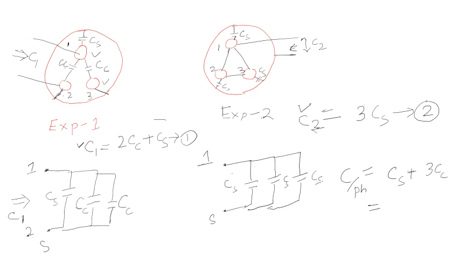If you put the value in terms of C1 and C2, it will be 3C1 upon 2 minus C2 upon 6. This is how, by doing two experiments on the core, you will get the overall C per phase.